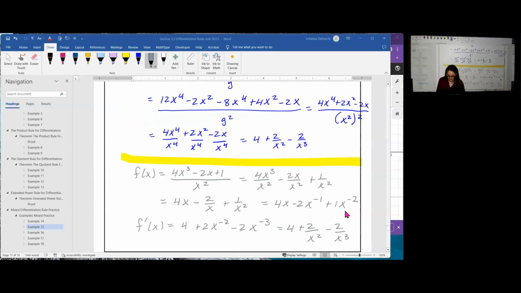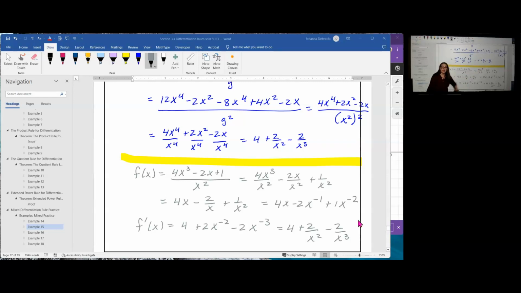The rule is, if you can simplify the function first, do so before you take the derivative. This time I rewrote the function, the original f, as 4x cubed minus 2x plus 1, all divided by x squared. I split it into 3 fractions, each term in the numerator divided by the denominator.